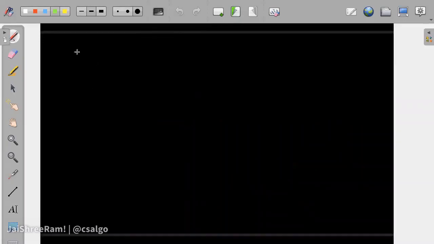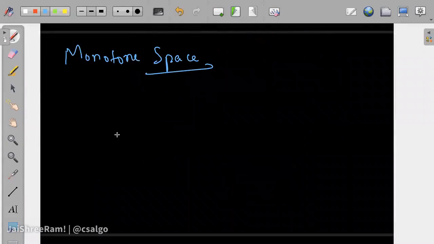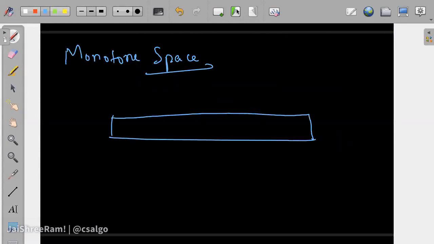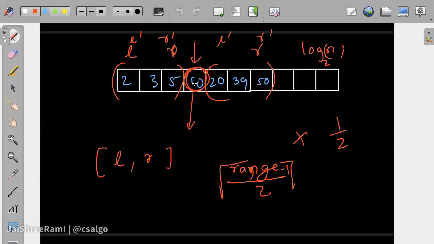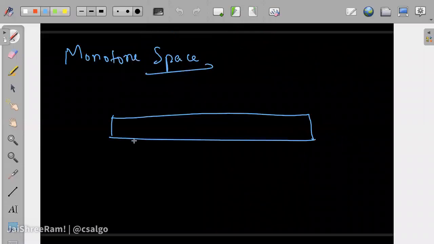Before we move into more problems, you need to understand the concept of a monotone space. By space, I mean the space of potential solutions. For example, in the array that we discussed, where you had to search for an element, the solution space was nothing but the indexes.